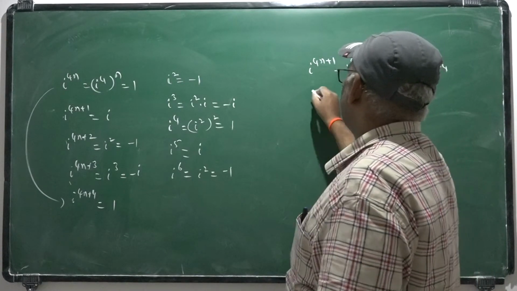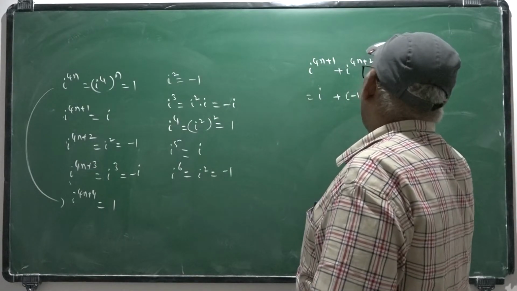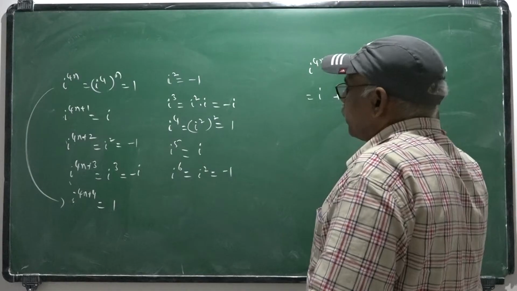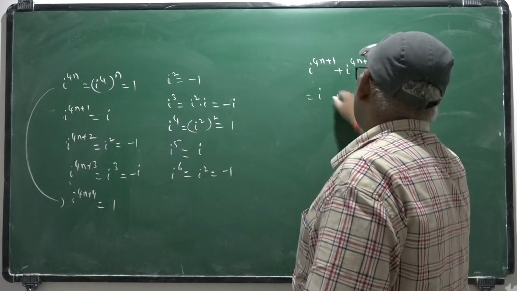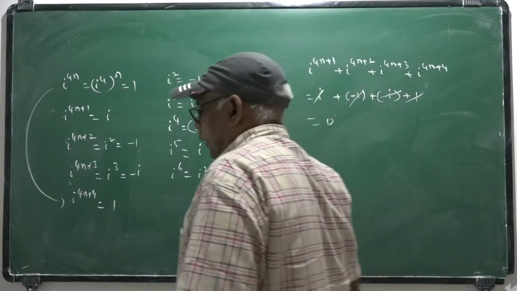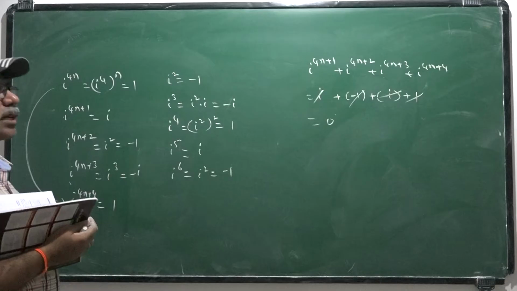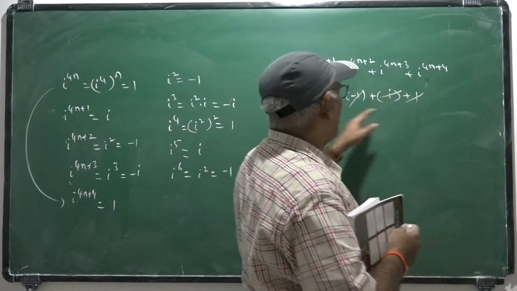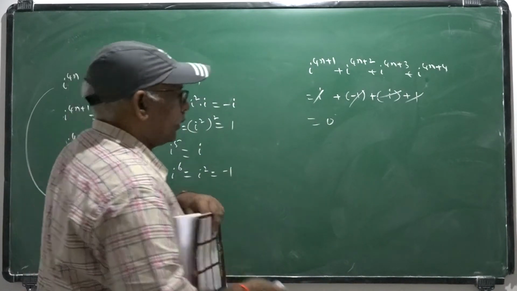Again, i square is minus 1 here, i cube is minus i here, and i power 4 is again 1. So the sum of 4 successive powers of i is always equal to 0.